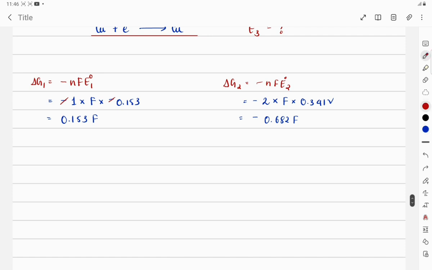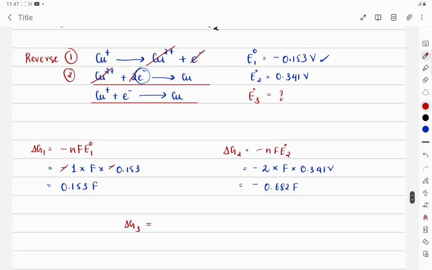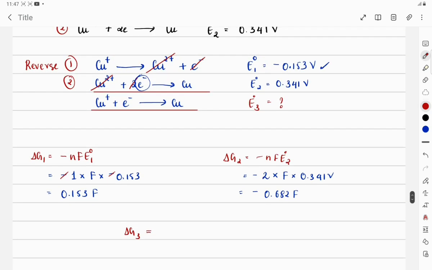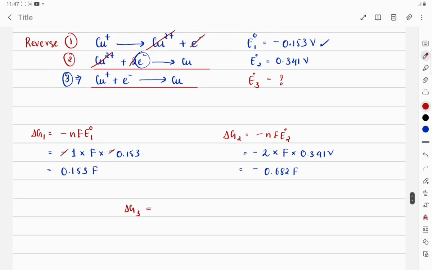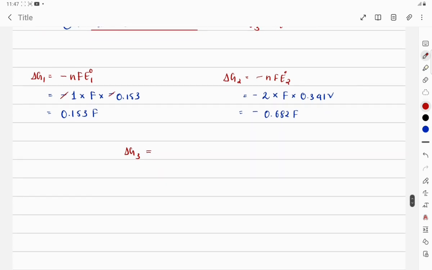And we know that to find E3 we need delta G3. And delta G3 will be what? Because we have summed the reverse of equation 1 and equation 2 to get, let's call this equation 3. Since you added both of these, you have to add delta G1 and delta G2 to get delta G3. If you had subtracted both of these, in that case you would have to subtract delta G1 and delta G2 to get delta G3.